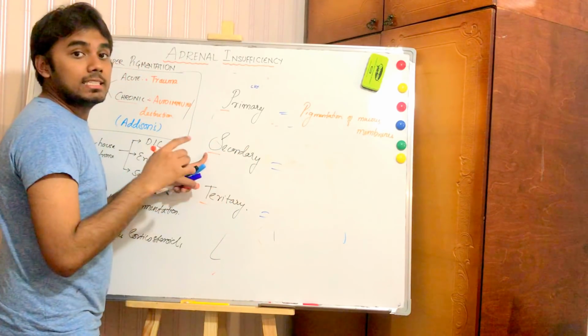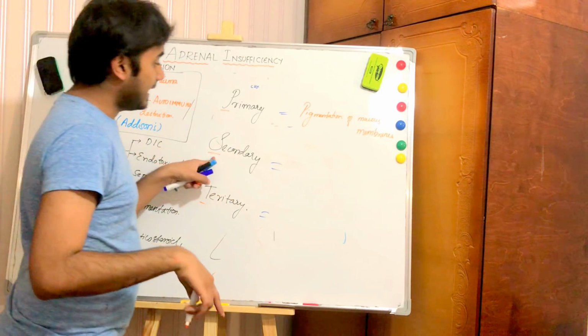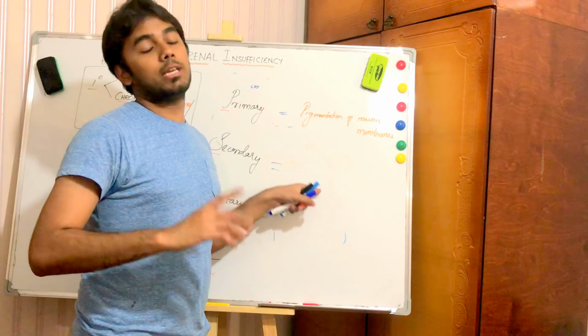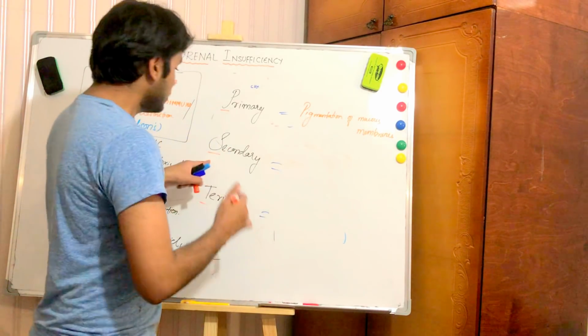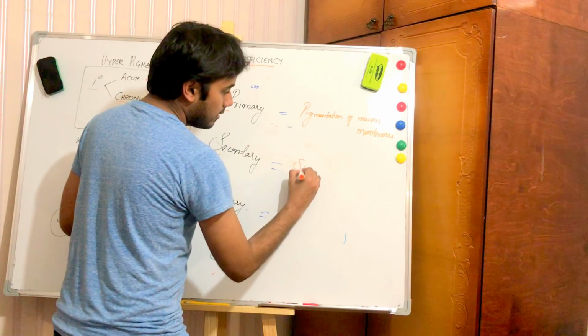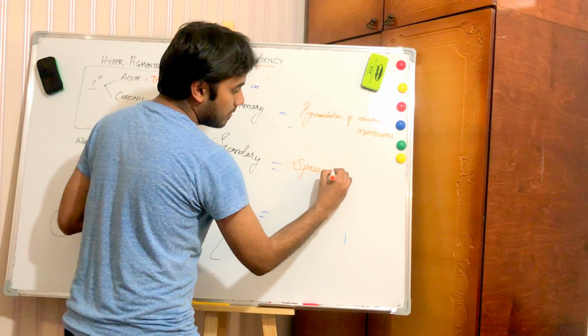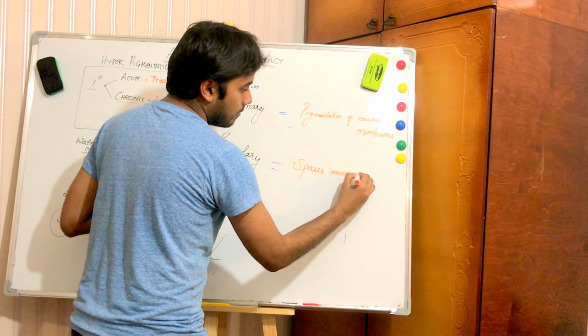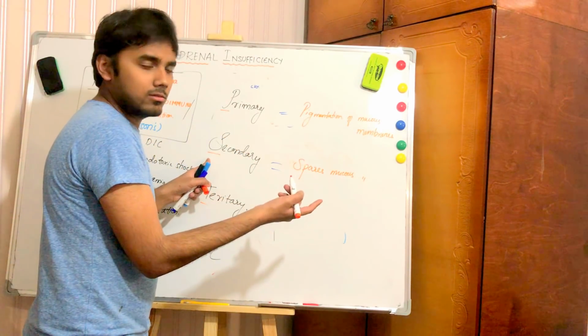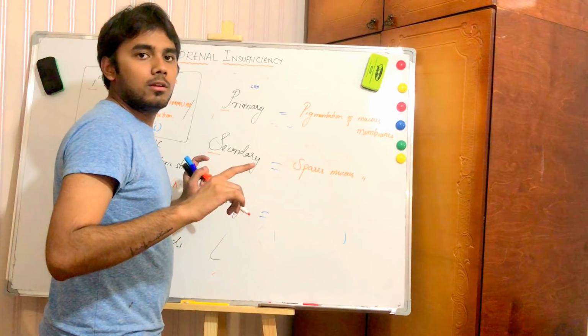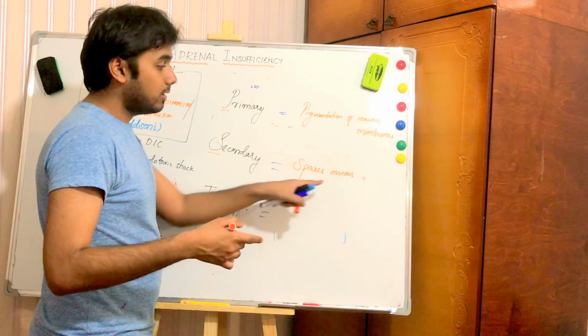Secondary, S for spare. Secondary spares mucous membranes. I mean, it leaves mucous membranes. It does not cause any pigmentation of that mucous membrane. So spares mucous membrane in the sense it does not affect the mucous membrane.